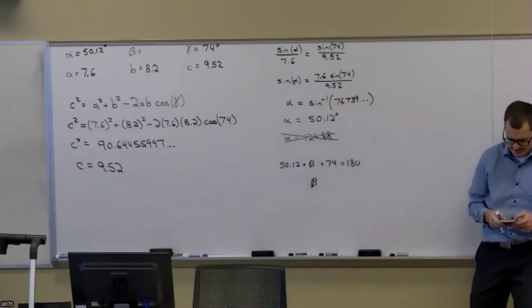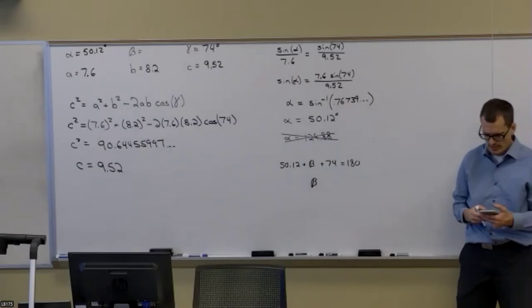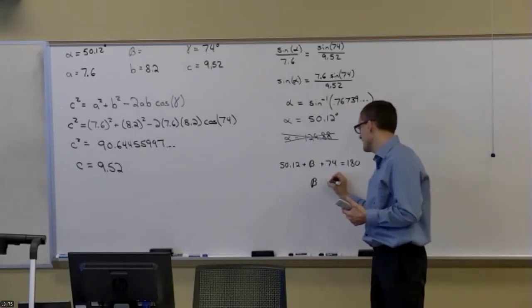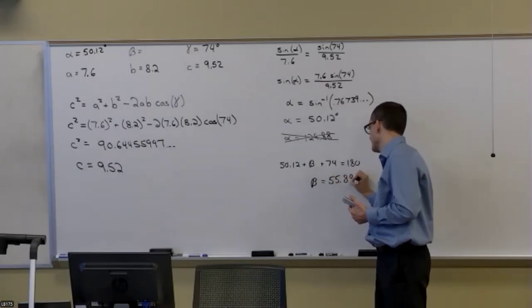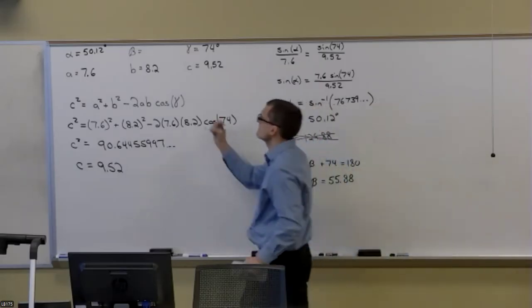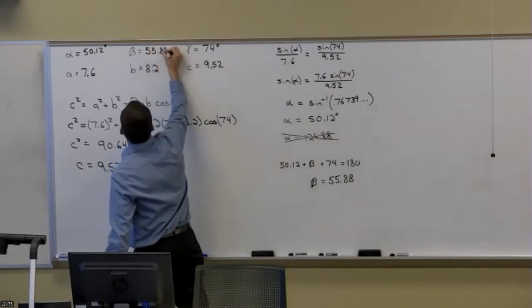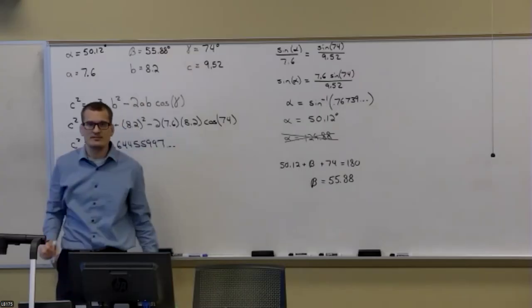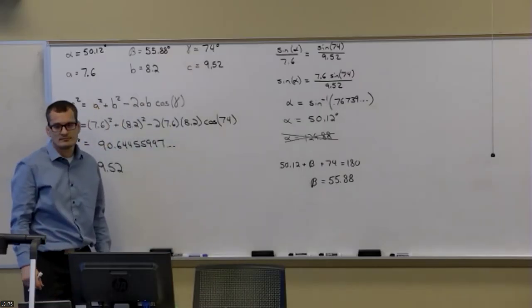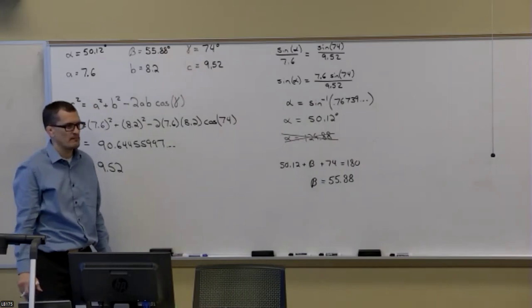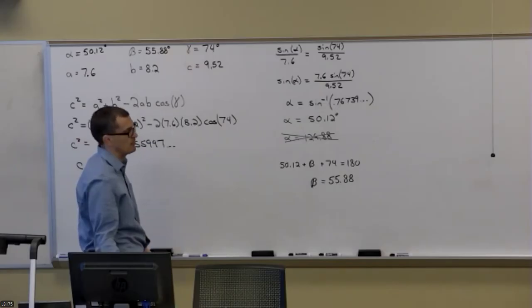So take 180 minus 50.12 minus 74. I got 55.88 degrees as the value of beta. That makes sense? So, easiest tool gives 55.88.